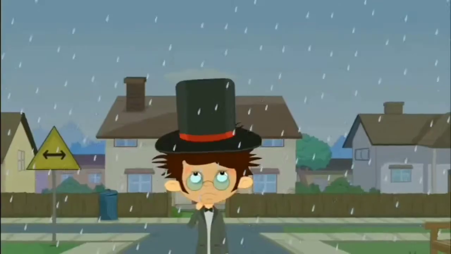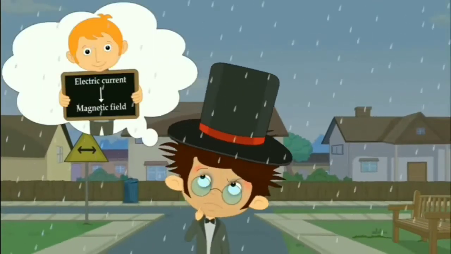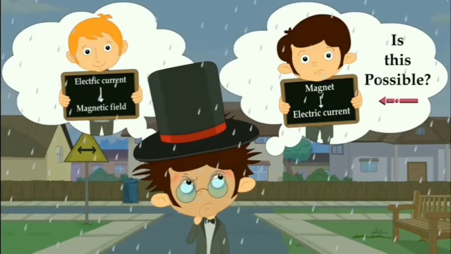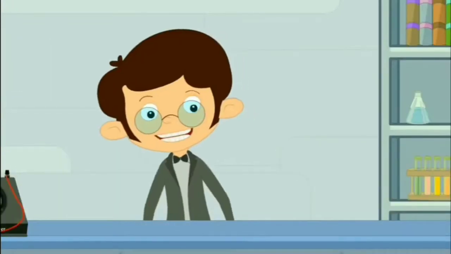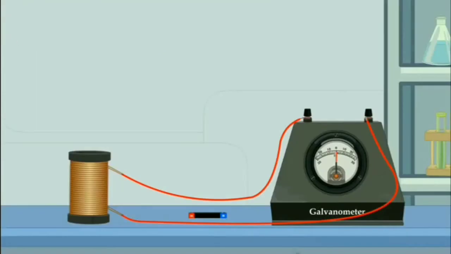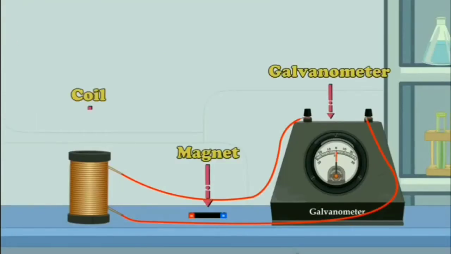English physicist and chemist Michael Faraday was one of the greatest scientists of the 19th century. His many experiments contributed greatly to the understanding of electromagnetism. His main discoveries include the principles underlying electromagnetic induction, diamagnetism, and electrolysis.